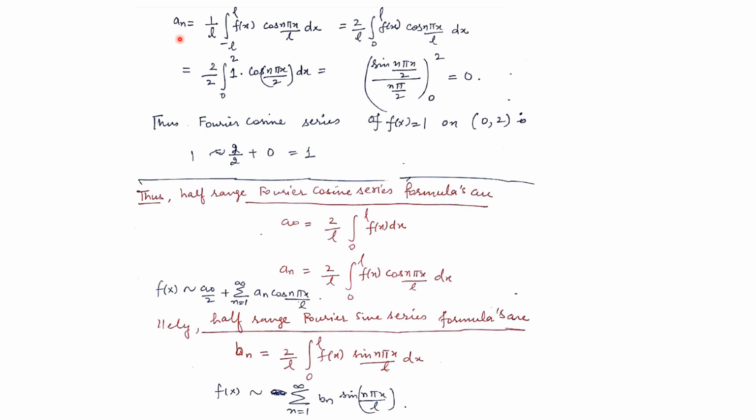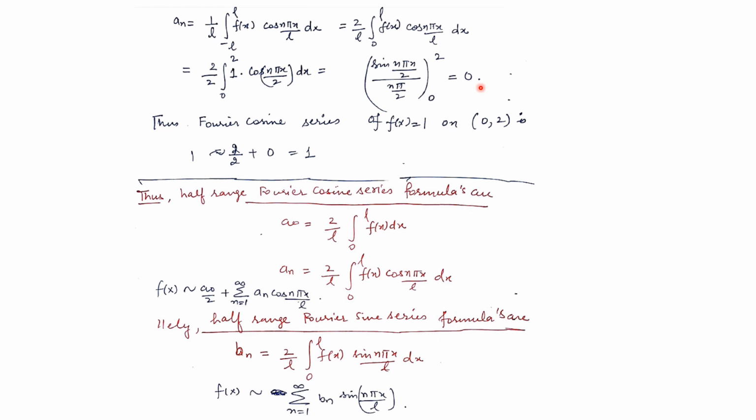The same way find the value of an, it will be twice 1 over L integration 0 to L f(x) cos n pi x by L. Substitute the values over here. The value of L is 2. Substitute, simplify this integral and we will get the value of an.